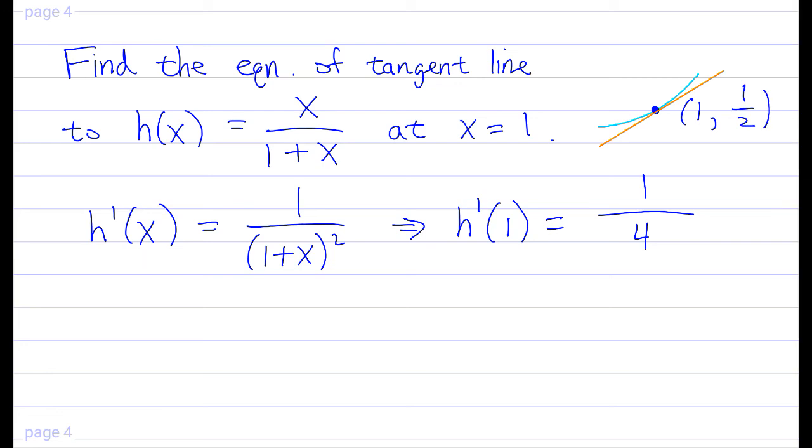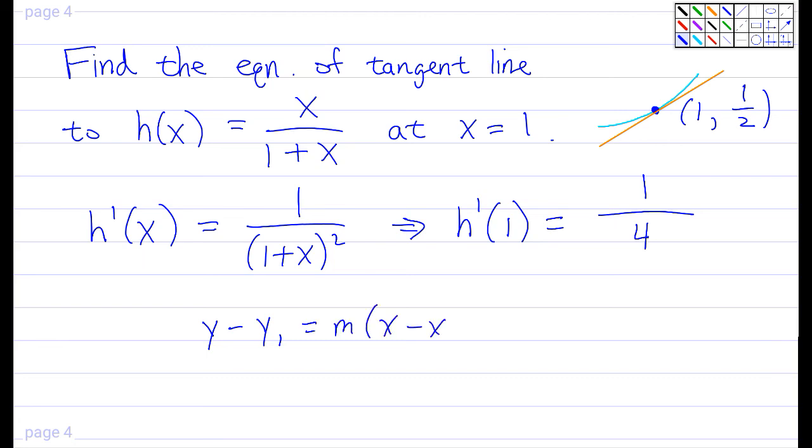That's really all we need. We have a point on the line. We have the slope of the line. So I can write down the equation of the line using what's called point-slope form. Point-slope form is y minus y1 equals slope times x minus x1, where x1, y1 is the point on the line, and the slope, well, that's of course the slope of the line, which we have right here.